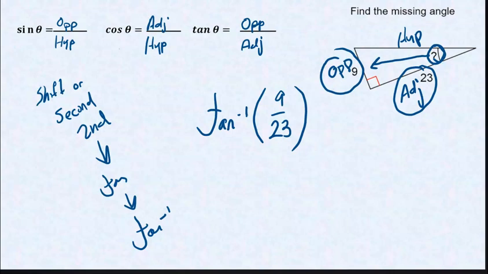So now when I plug that into the calculator, and in my case, I have a very good calculator, so I could even use the fraction button, and I get 21.37 degrees.